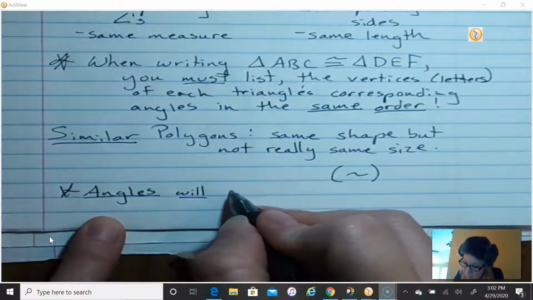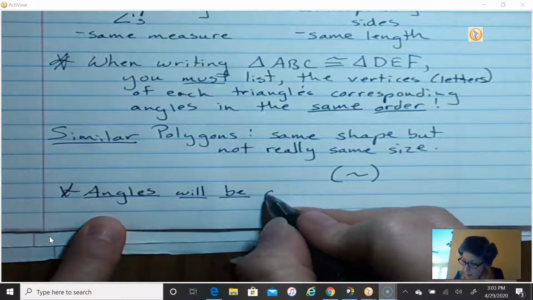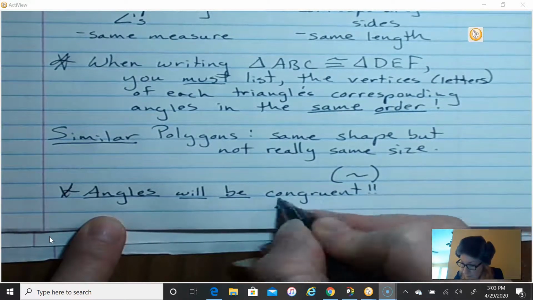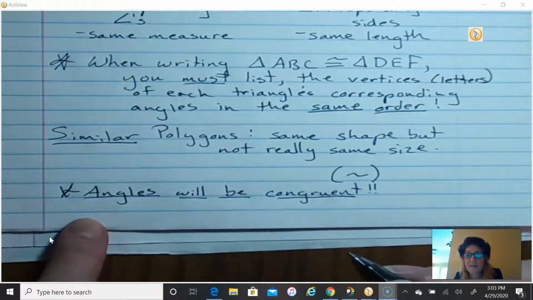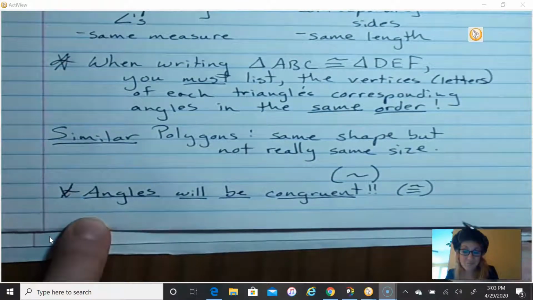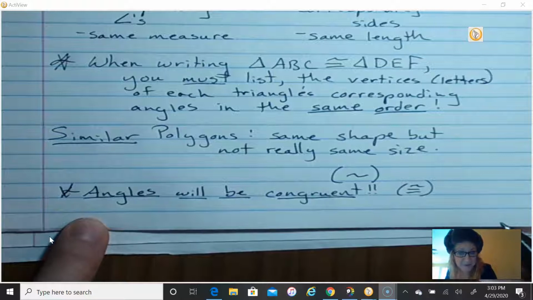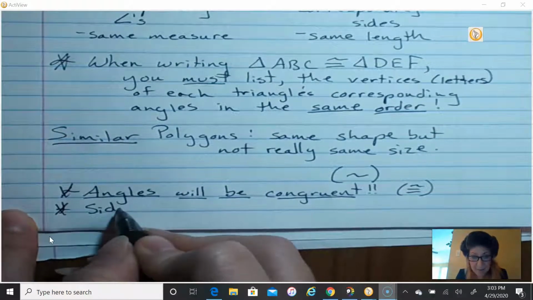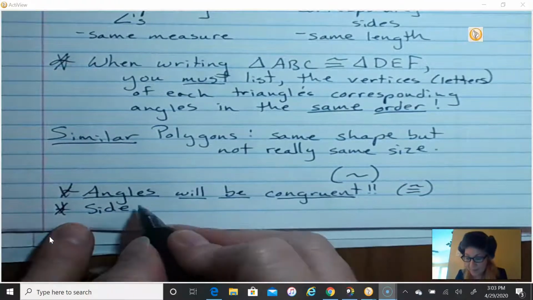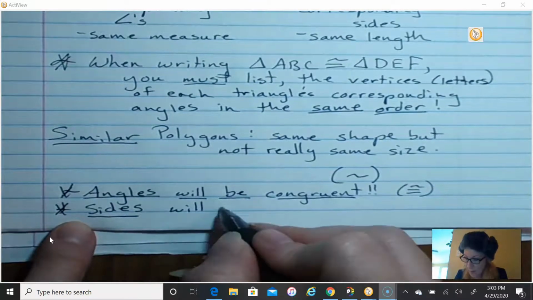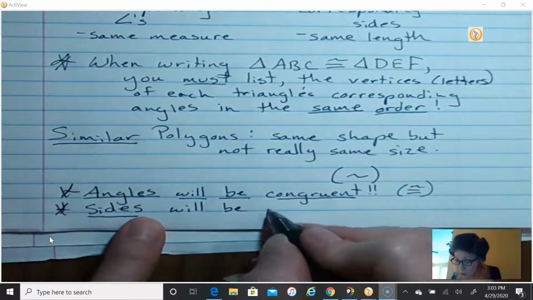Angles will be congruent. The angles will be congruent, okay? That means the same, guys. Congruent means the same. Sides will be proportional.